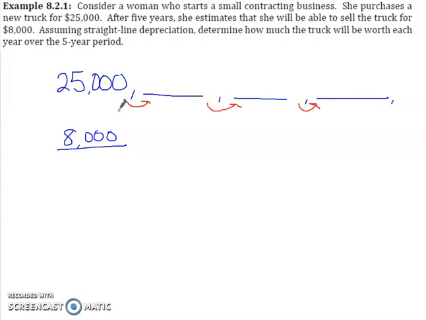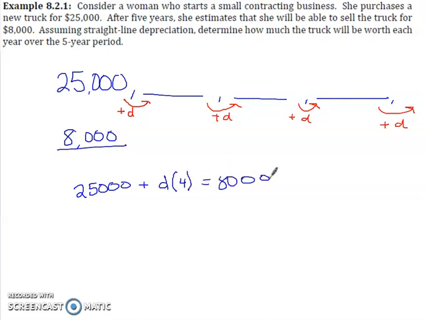I'm adding the common difference once, then twice, then 3 times, and then to get to the 8,000 I add 4 times. So I've got my 25,000, and I'm going to add on that common difference 4 times, and I will get 8,000. Now we are depreciating, we're decreasing in value, so hopefully we know that that common difference is going to be a negative number. We are losing value in our truck.